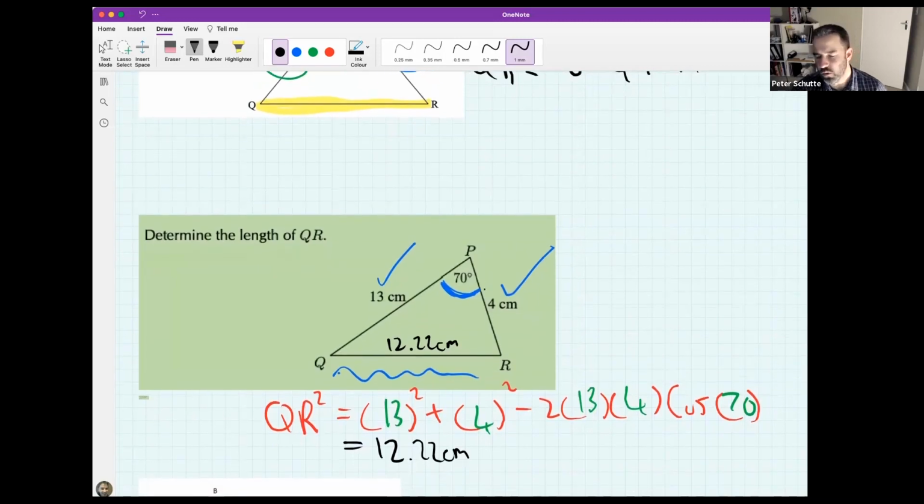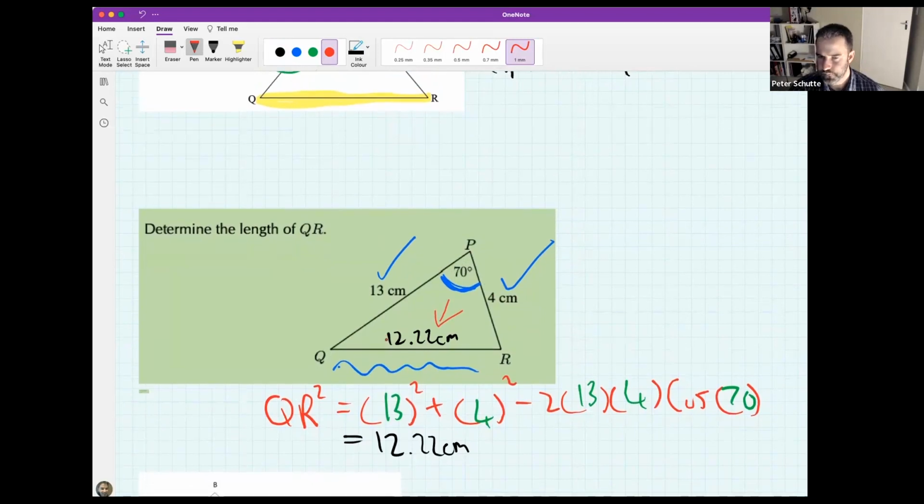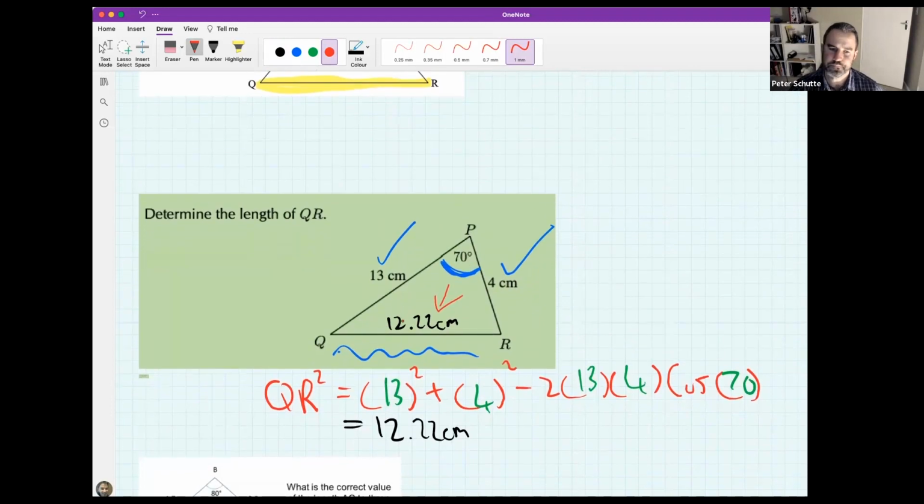So the good news is at the moment, the cos rule is helping us find unknown sides, and the unknown side that it helps us solve is the one that is opposite the included angle. Notice how the side that you're solving for is always opposite the included angle between the two known sides. That will become important a little bit later, so I just want to point that out for now. That relationship between the unknown side and the angle that you do have.